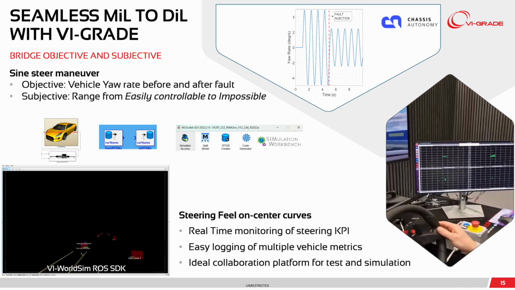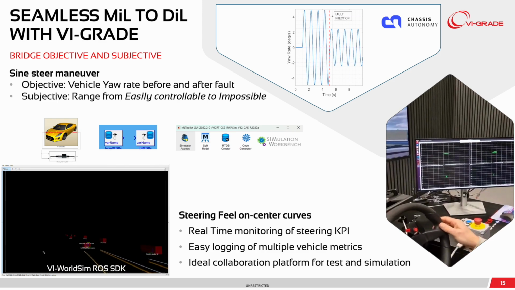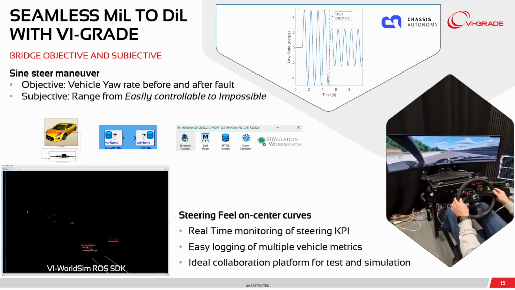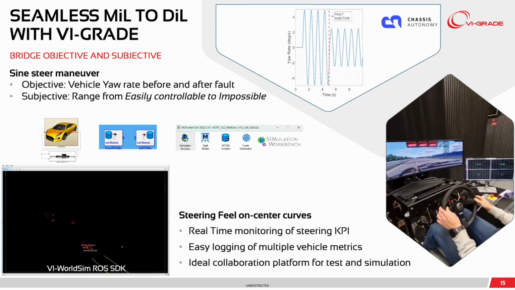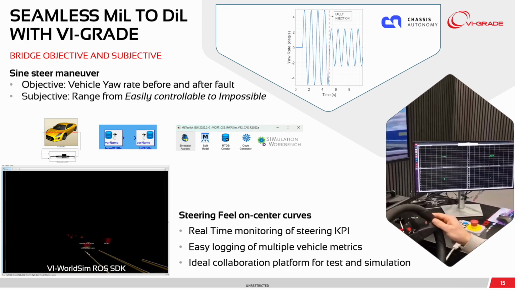It's not the fault injection scenario that I explained just now, because we are not in a position to show that due to confidentiality, but it's a driving scenario where I'm extracting steering feel on center curves.